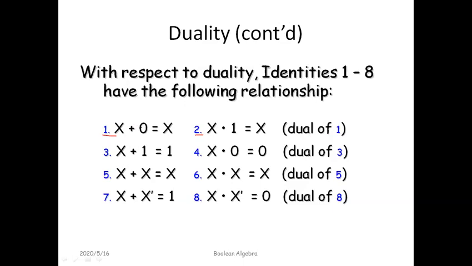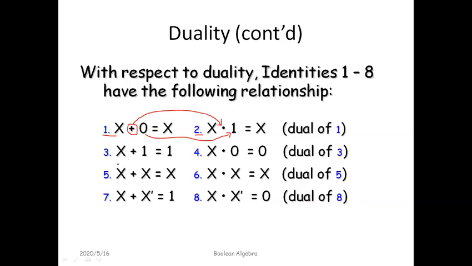Two things have taken place here. The first one is the plus sign has been changed into a dot, and the 0 changed into a 1. The rest remain the same. That's the dual property there. So number 2 is the dual of number 1.